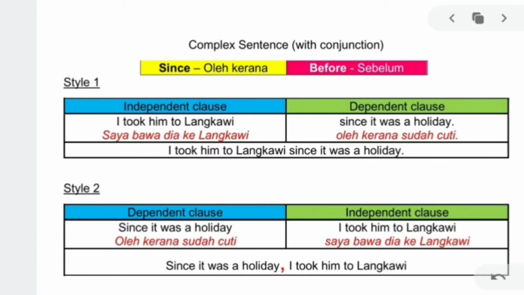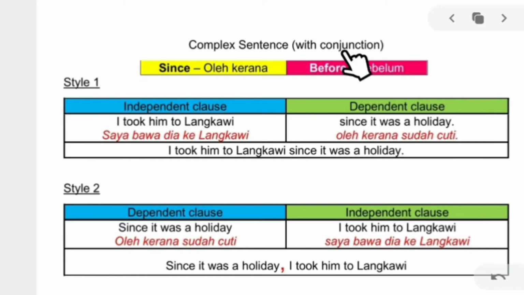For today, we are going to focus on two conjunctions which are since and before. Hari ini kita akan fokuskan kepada dua kata penghubung iaitu since yang bermaksud oleh kerana dan juga before yang bermaksud sebelum.